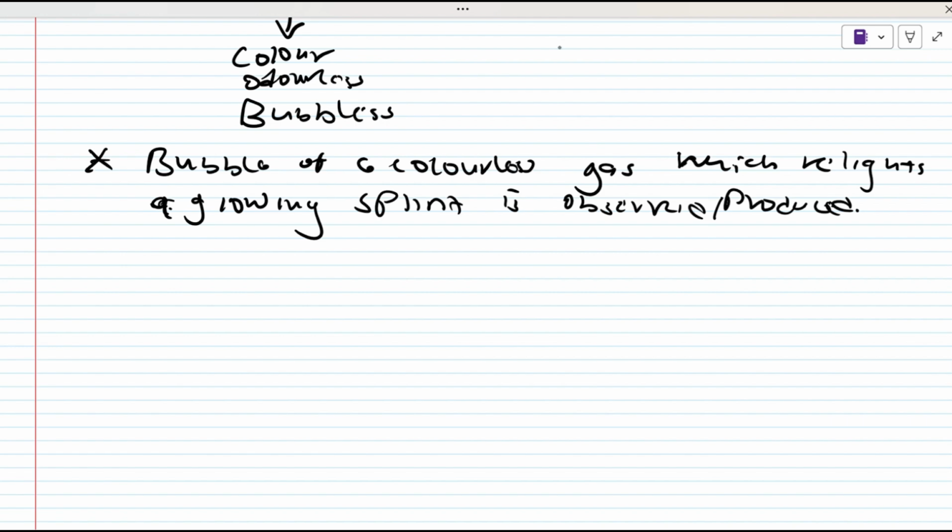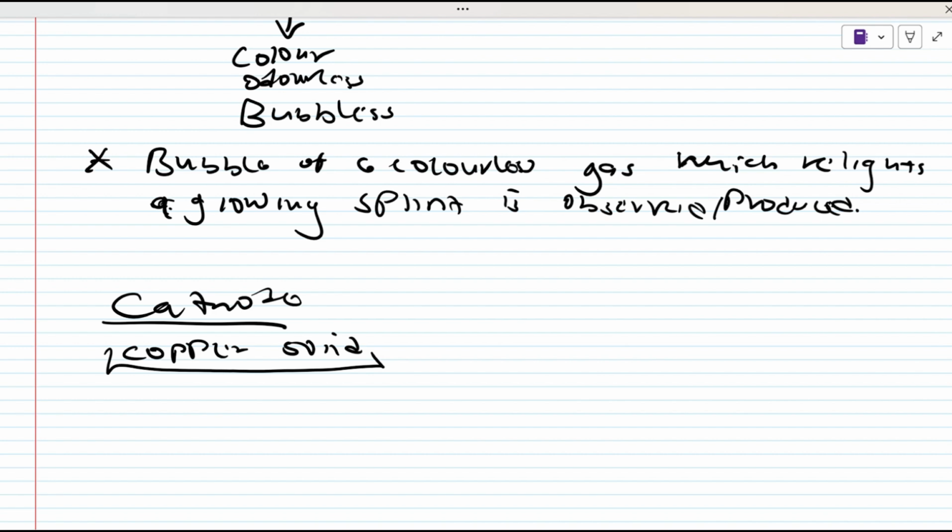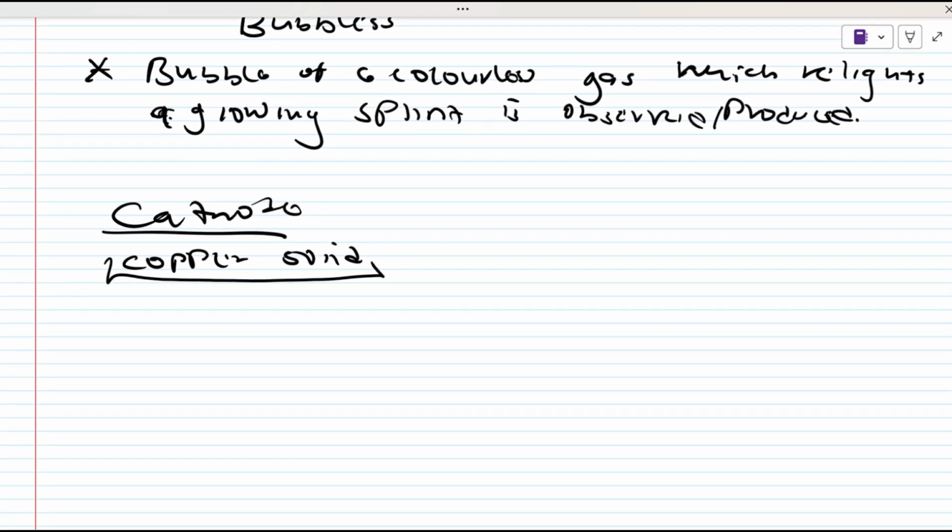The next thing is the cathode observation. We said at the cathode we are forming copper solid. And what are the properties of copper solid? Copper is a brown solid.